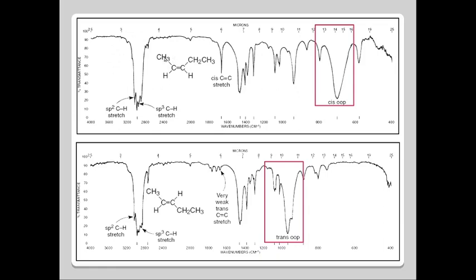Again, if we consider something like a cis disubstituted system such as the one here, then you can see that we have a band at this particular frequency, which is due to the carbon hydrogen stretching frequency of sp2 hybridized carbon, and this is due to the stretching frequency of carbon hydrogen bond of sp3 hybridized carbon.